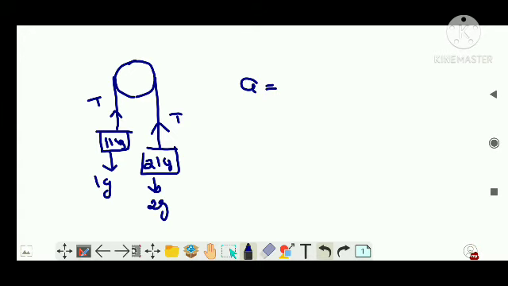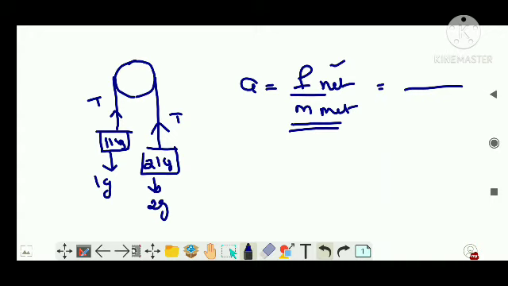To write acceleration, it is very easy. What is the acceleration equation? It is force by mass. Here I will write net force by net mass. In the system, how much net external force is acting, and how much net mass is present?